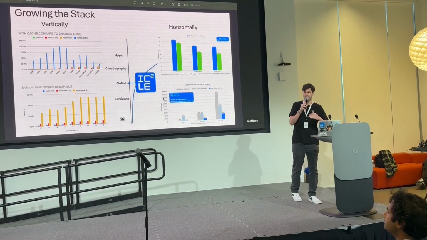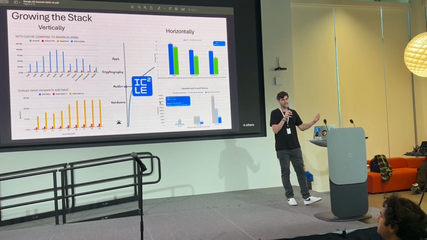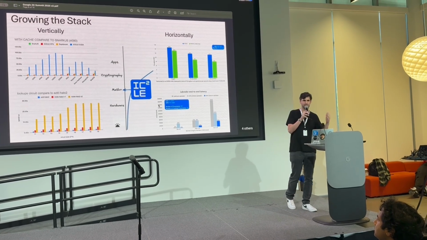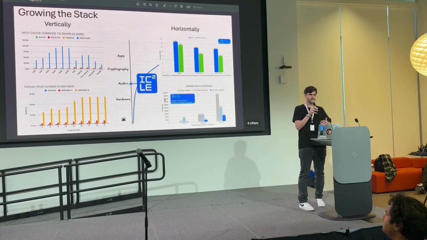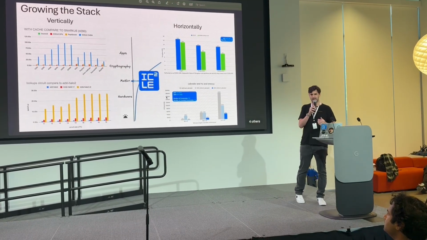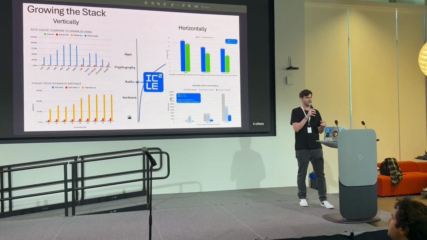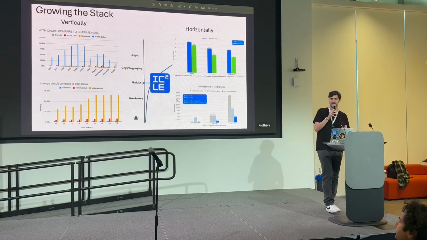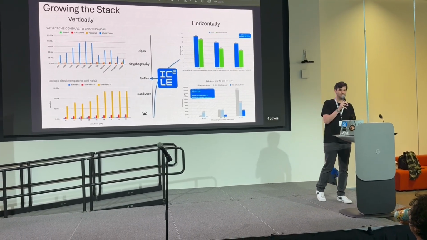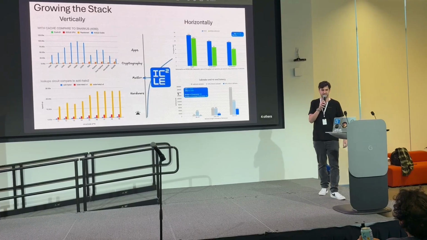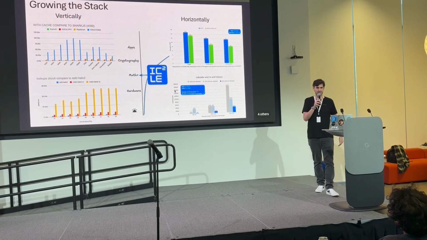The higher you go in the stack, the more you have: infinite applications that can run on a discrete number of ZK protocols, which in turn run on a smaller number of primitives, NTT, MSM, and finally it runs on a very small number of hardware devices and accelerators. So one way we can go is vertically.